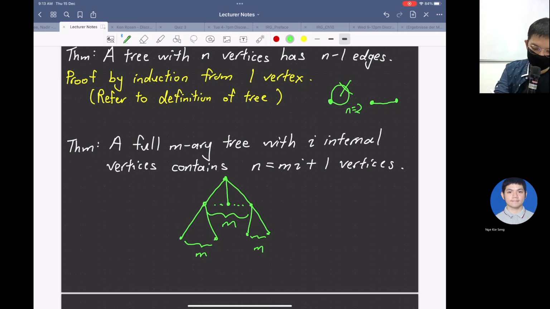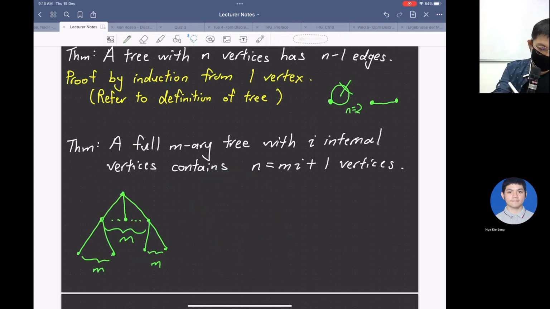Let me use the product rule to describe it.